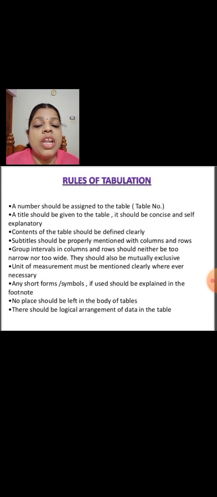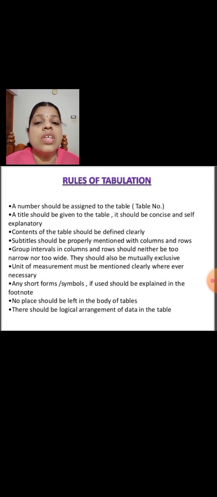No place should be left blank in the body of the tables. In the tables, we know that certain rows as well as columns will be there. A proper spacing should be there for the rows and the columns, and if we maintain proper spacing, no place should be left blank in the body of the tables.